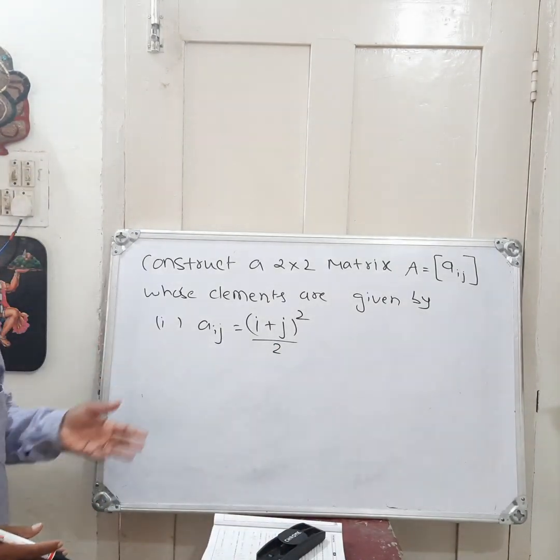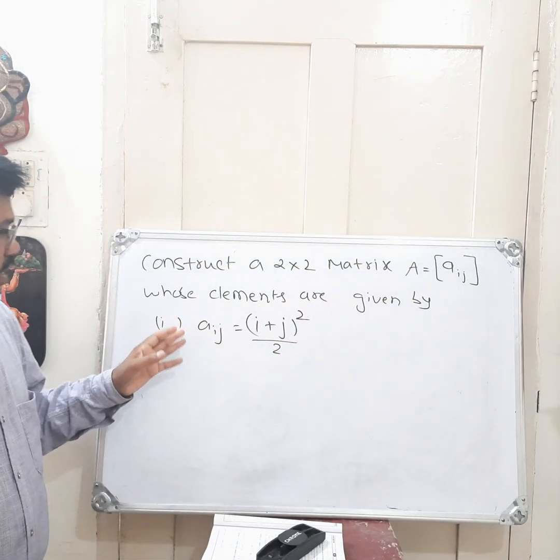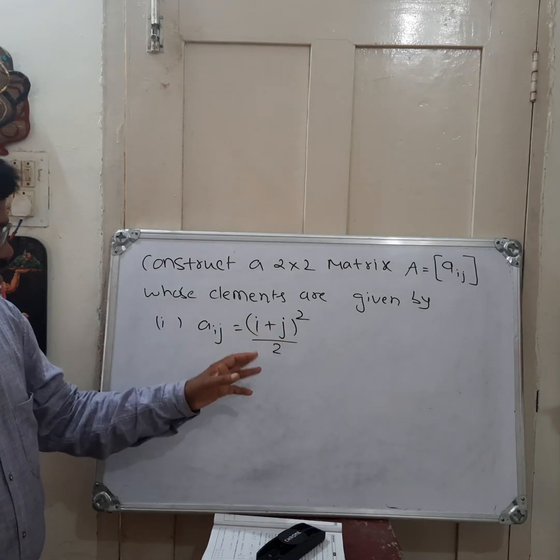See here, we have to construct a 2 by 2 matrix Aij, whose elements are given by Aij equal to (i plus j) whole square divided by 2.